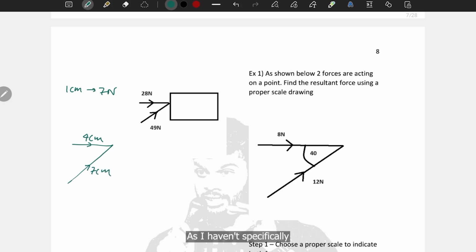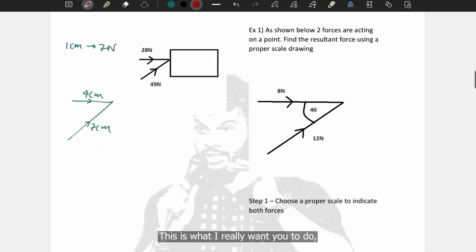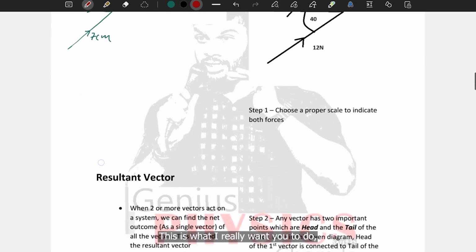As I haven't specifically indicated the angle between these two vectors, you don't really want to indicate an angle, so just leave it. Simple as that. This is what I really want you to do.